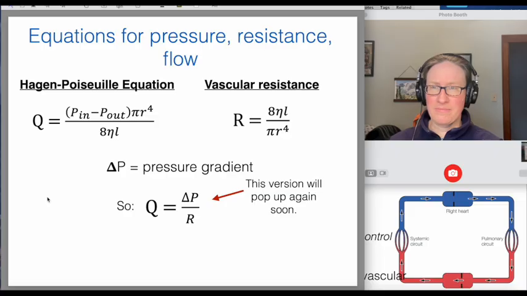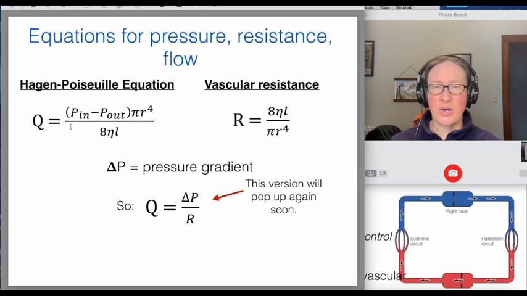Just a reminder, we've seen the Hagen-Poiseuille equation as a characterization of blood flow rate, right? I also talked earlier about an alternate depiction of many of these terms with regards to vascular resistance. And just notice that vascular resistance is a reorganization of the parameters here in the Hagen-Poiseuille equation for flow rate.